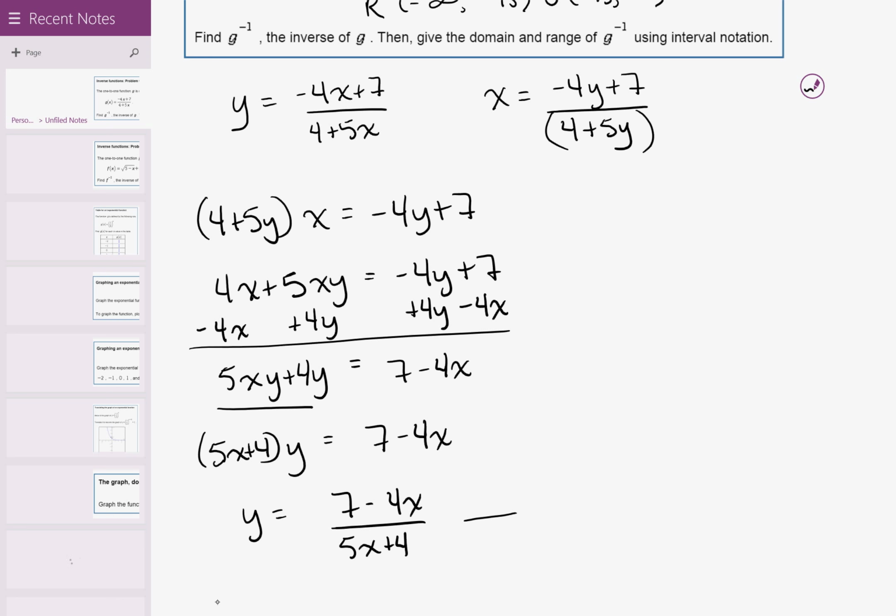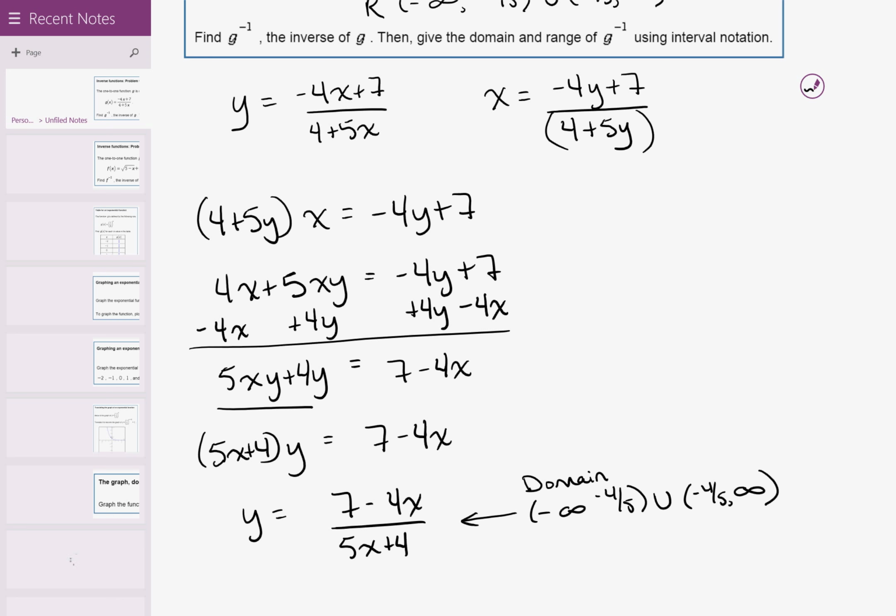And you can see clearly here that for the range, we cannot have the denominator be 0, so the range is still negative infinity to negative 4/5 union negative 4/5 to infinity. And this is the domain.